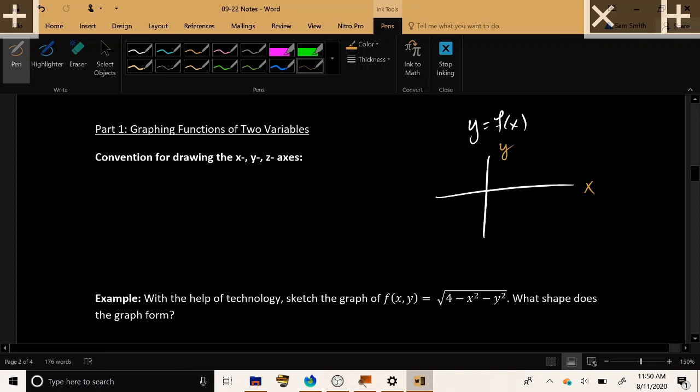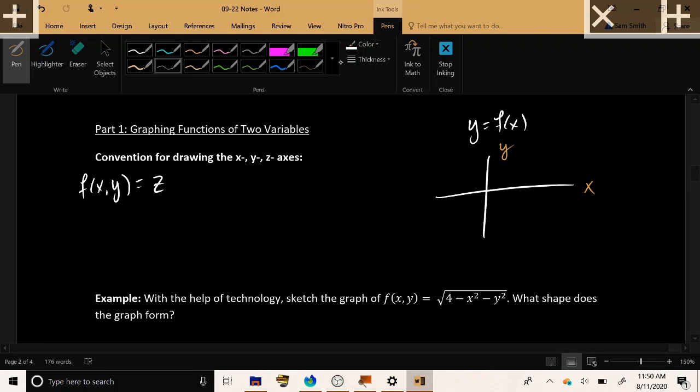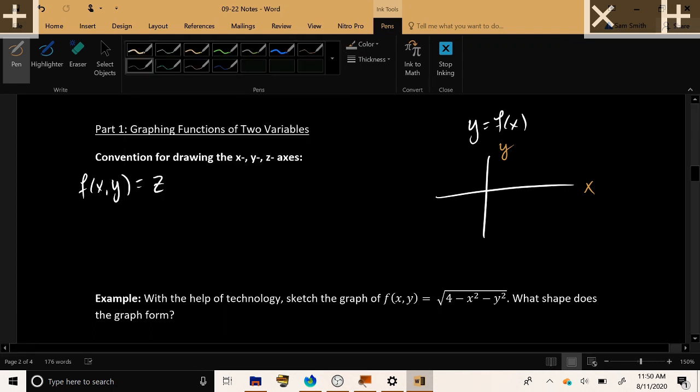Now, in the case that we have a function with two input variables and one output variable, the total number of variables in this equation is 1, 2, 3. Because of that, if we're going to draw the graph of this function, we're going to need 1, 2, 3 axes, and our drawing is going to be three-dimensional.